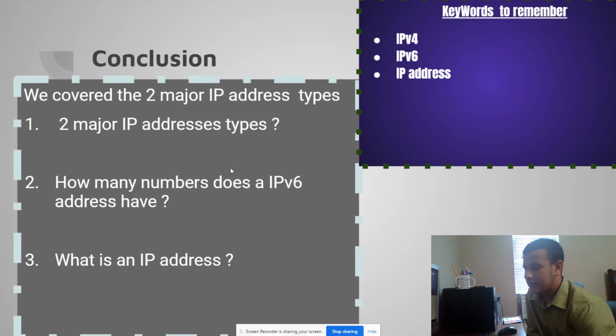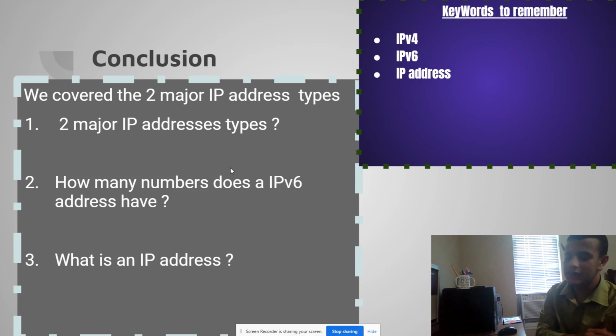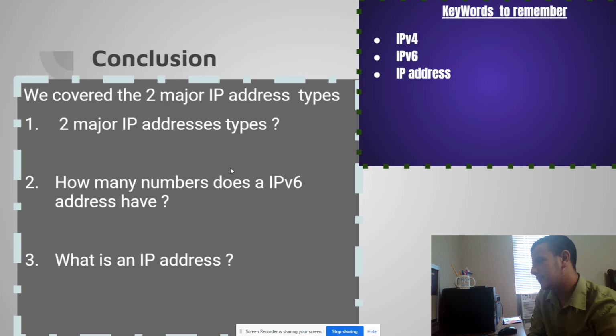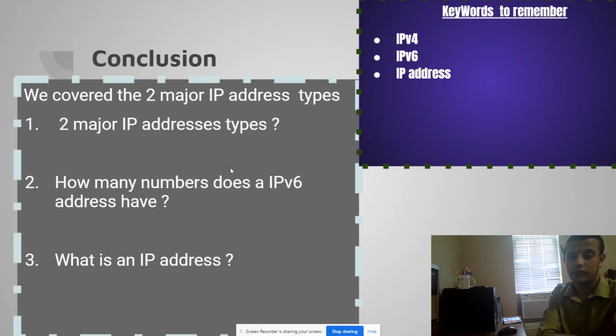And an IPv6 address has 8 4-digit hexadecimal numbers separated by colons, and so it gives us a lot more numbers to work with, a lot more devices. There are more possible IPv6 addresses than IPv4 addresses. And an IP address is a unique way of identifying every computer on the internet.